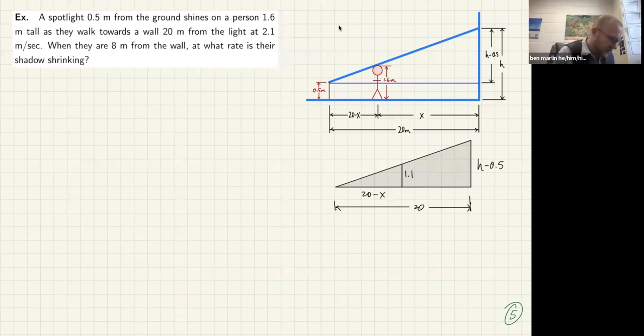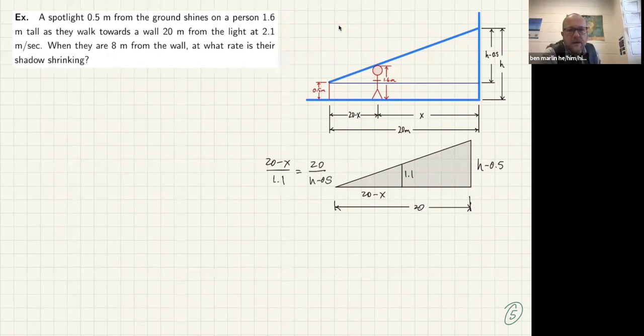Okay, so our similar triangle says that 20 minus x over 1.1, so basically the tangent of this angle here, maybe the cotangent of that angle there, either way you want to think about it, needs to be equal to the 20 for the big triangle divided by the h minus 0.5.